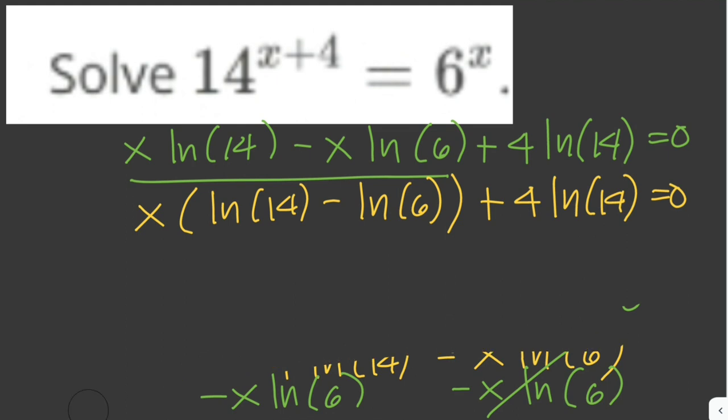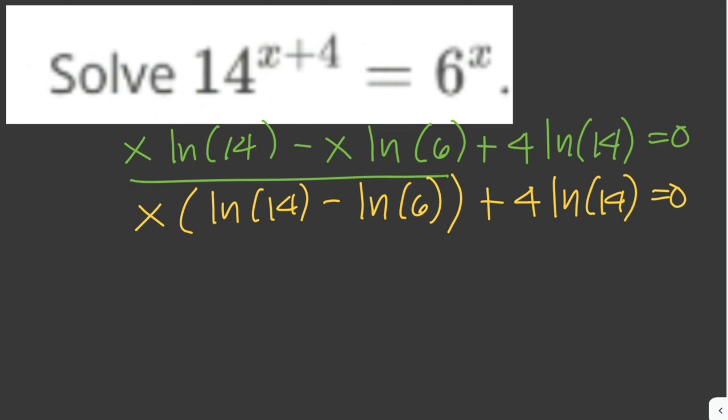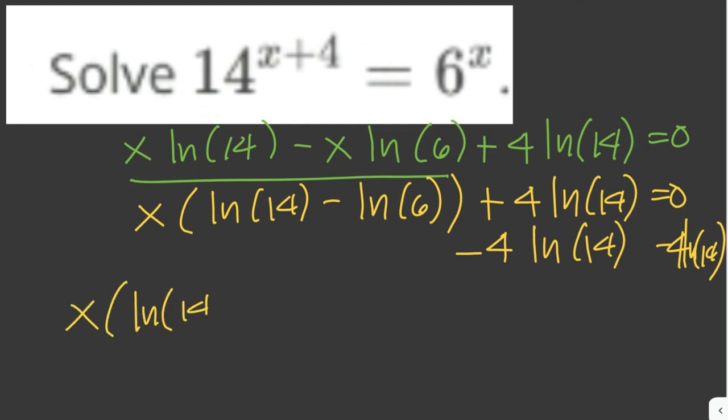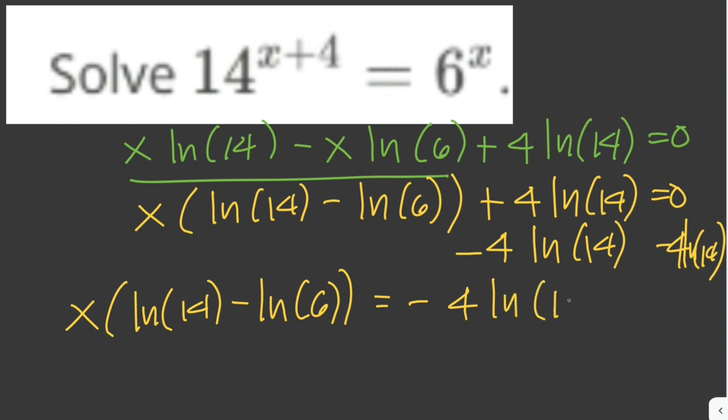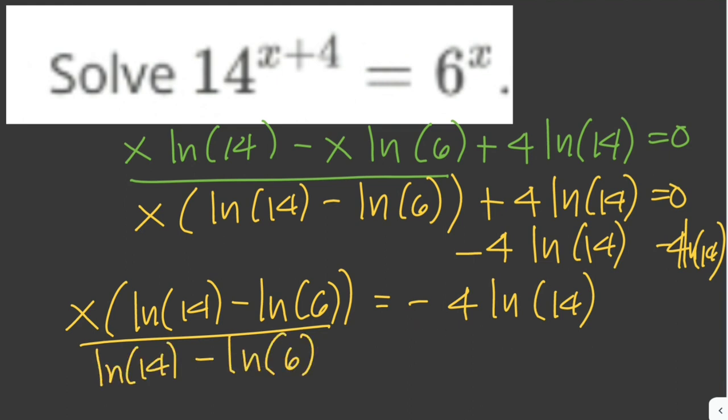And then we can subtract 4 ln of 14 from both sides. So this would give us x times ln of 14 minus ln of 6 equals negative 4 ln of 14. And then we divide both sides by ln of 14 minus ln of 6.